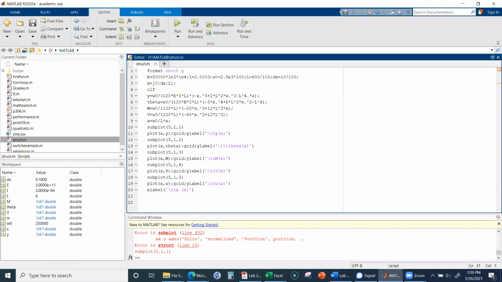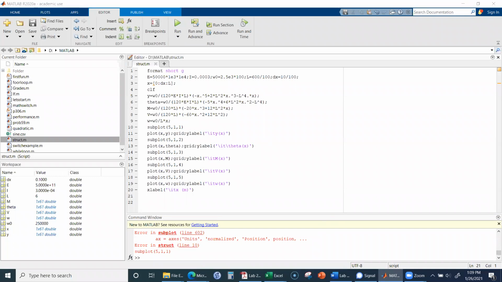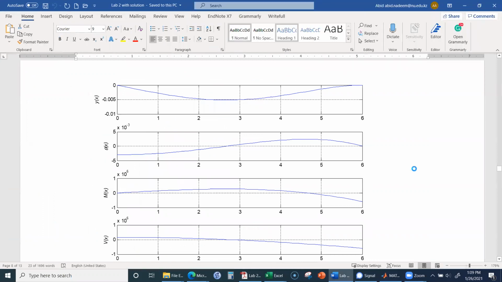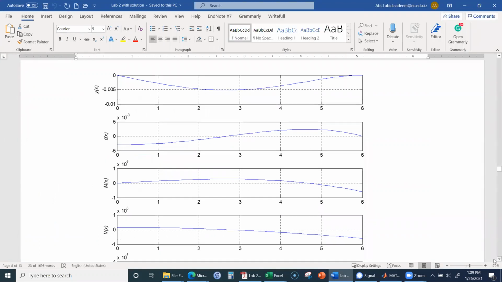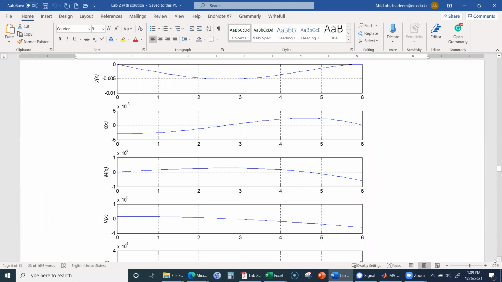But anyway, if this code would work, then you may be able to get these plots over here. Now there is no time for me to find the errors. It will take much longer to correct it.